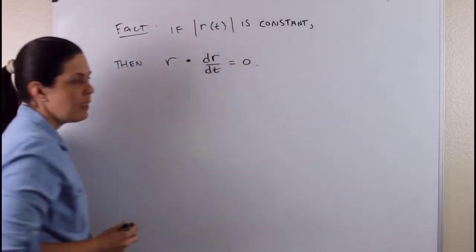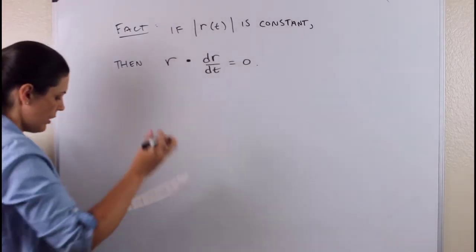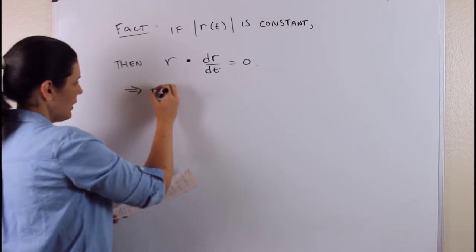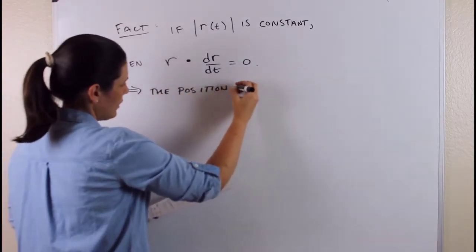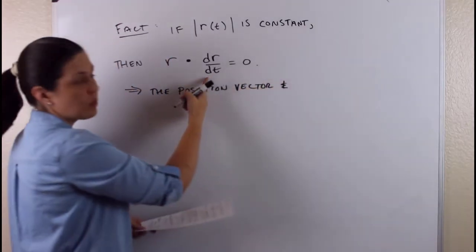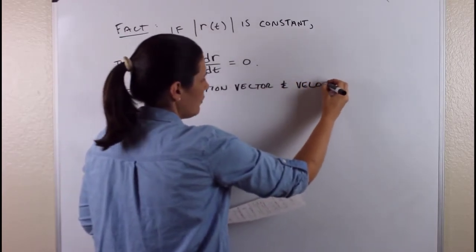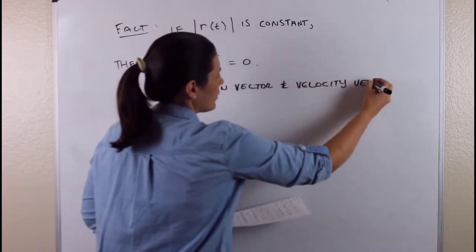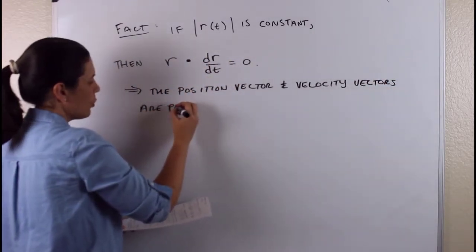And then think about what you know when you take the dot product of two vectors and you get 0. So this means that the position vector, r of t, and what's the derivative of position? Velocity. So the position vector and the velocity vector are perpendicular or orthogonal.